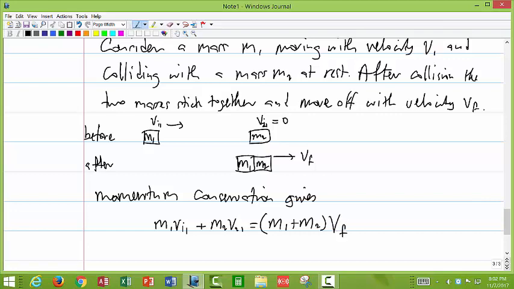And so we can see that m1 v1 initial is equal to (m1 plus m2) v final, where v final then becomes m1 v1 initial divided by (m1 plus m2).